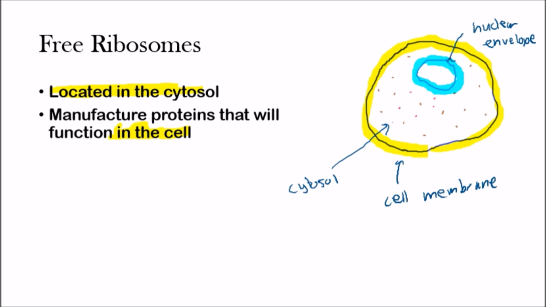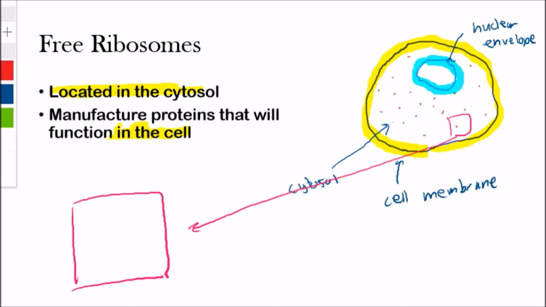Now, why do free ribosomes manufacture proteins that will function in the cell? Let me take a close-up of what's going on here. We have a ribosome, and this ribosome manufactures, let's say, an orange protein.